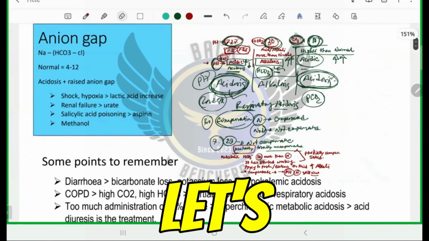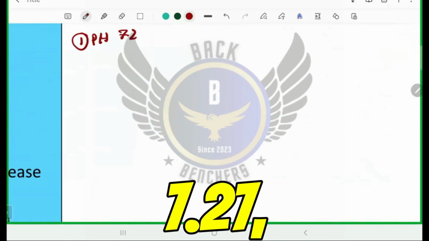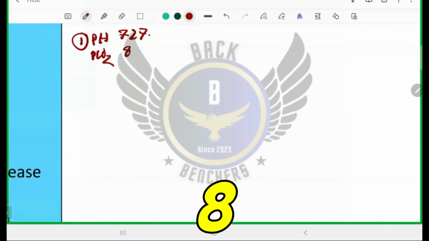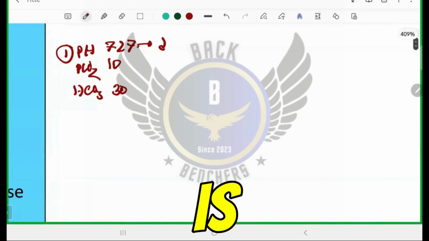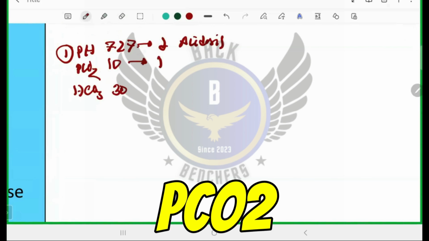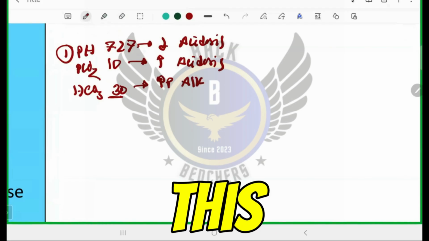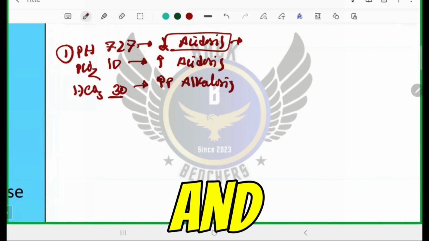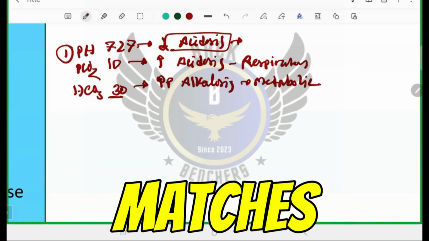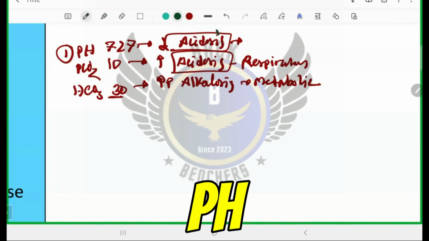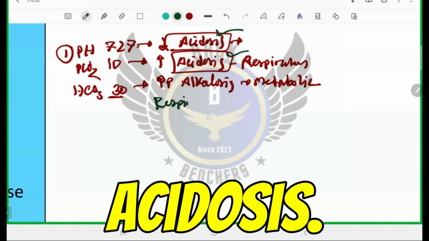So in short, let's brief it. Number 1: pH 7.27, PCO2 80 or 90, HCO3 30. 7.27 is low, acidosis. PCO2 is high, acidosis. Bicarbonate is high, alkalosis. This is our pH, this is our respiratory route, and this is our metabolic route. The pH matches with respiratory, so this is respiratory acidosis.